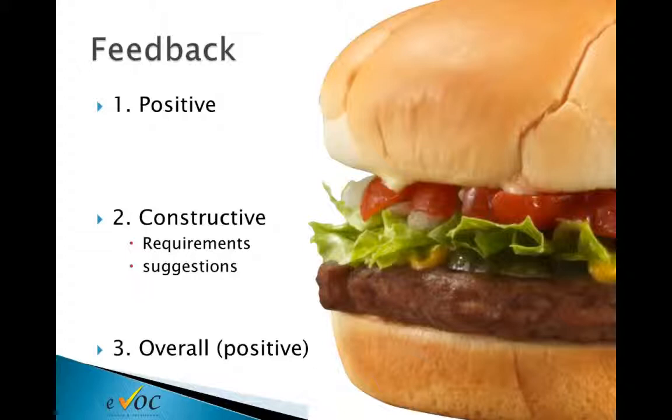We want an overall positive comment. So perhaps they weren't yet competent and you've pointed to the requirements of the unit and what further information's required for evidence, but you would still finish that feedback on a positive note.